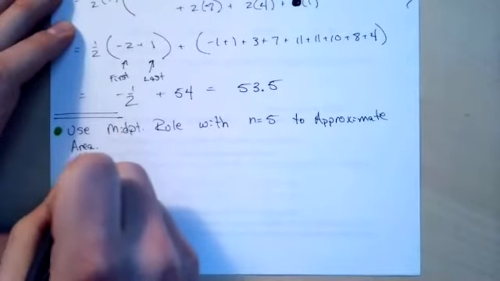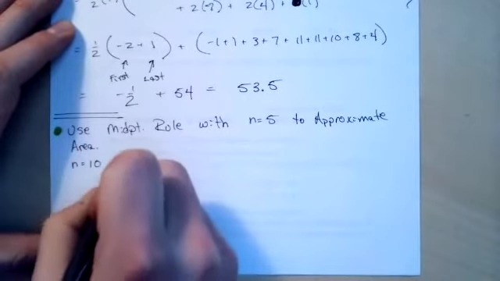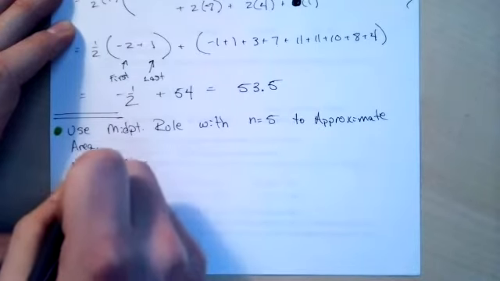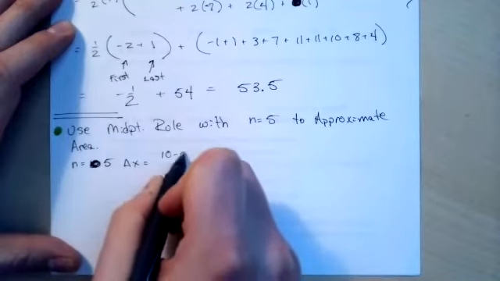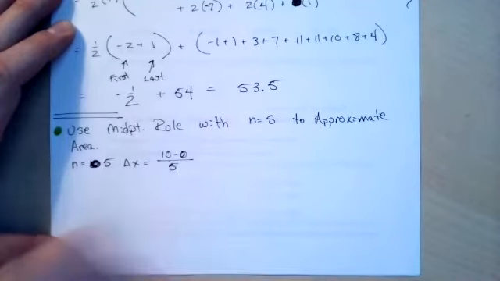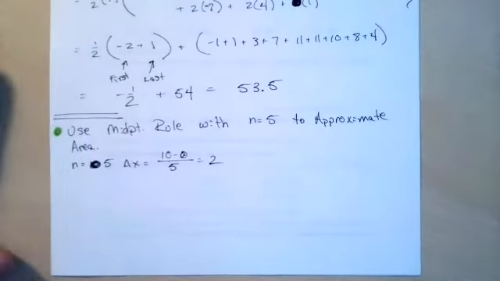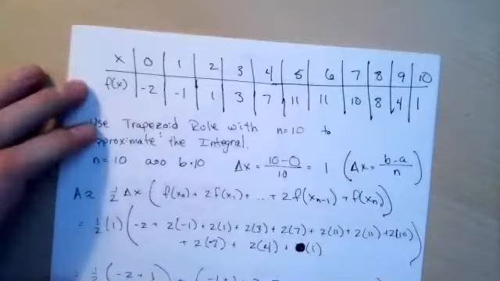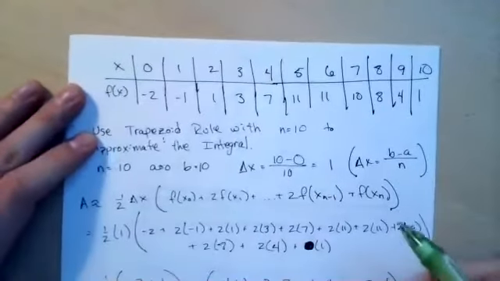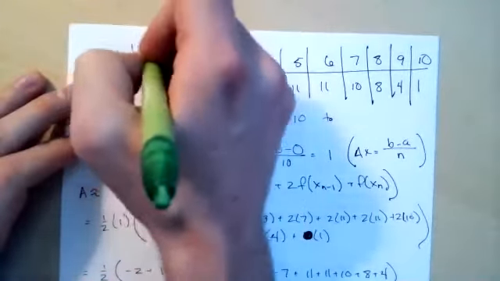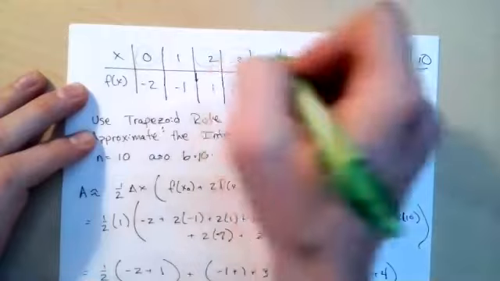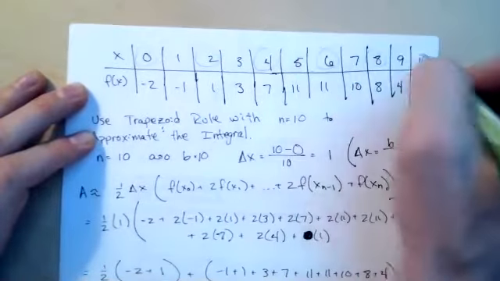If our n is 10, our delta x, oh sorry, our n was 5. Our delta x, b minus a over n, is 2. So if our delta x is 2, that means our endpoints are here.